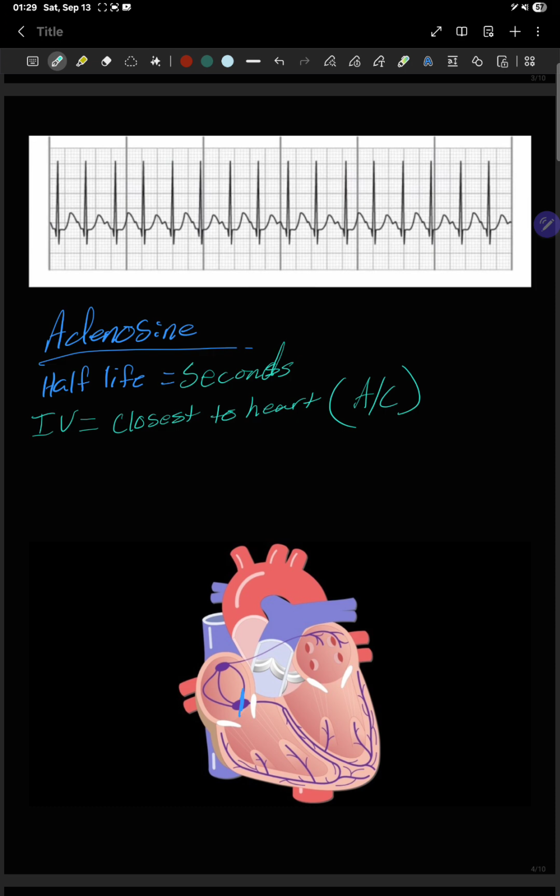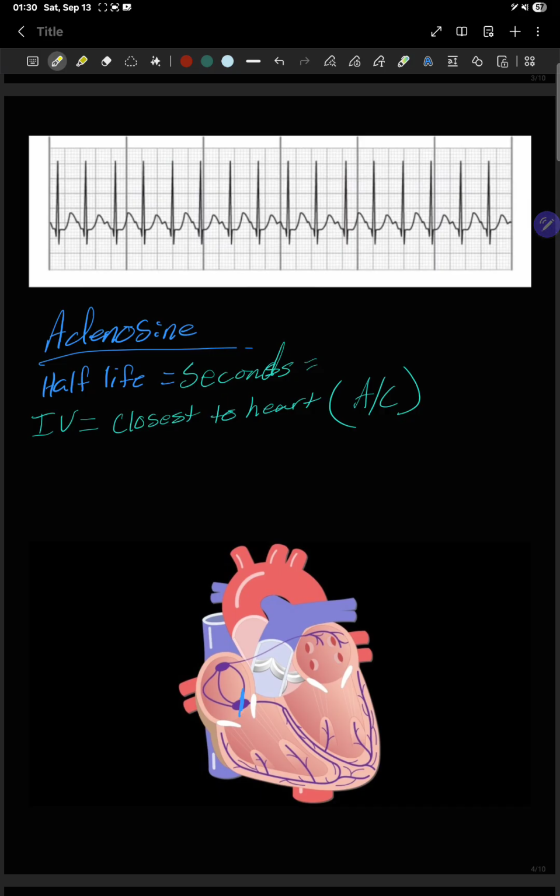Because if I have seconds and I send it from the legs, the med's going to be less potent because it's already crossed 4 countries in order to get to the heart. So that's a huge one right there.